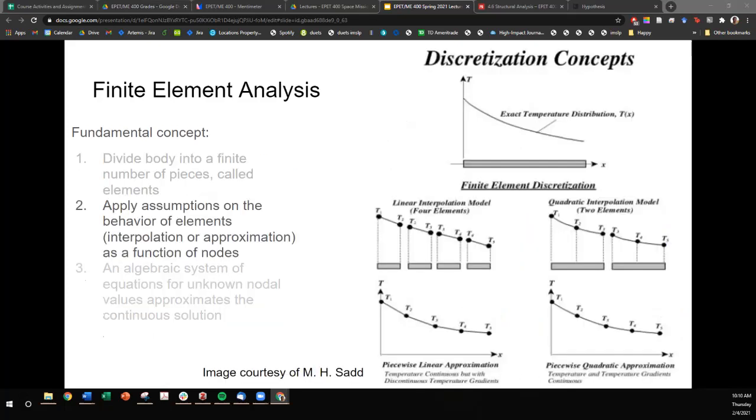At these vertices, you have approximations of the real continuous behavior. This can be linearly interpolated and roughly approximated. Then there are other discretization methods, like a quadratic model, where the interpolation gets a little closer to the real thing.